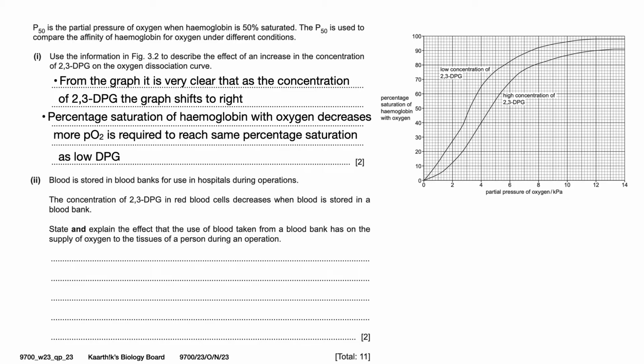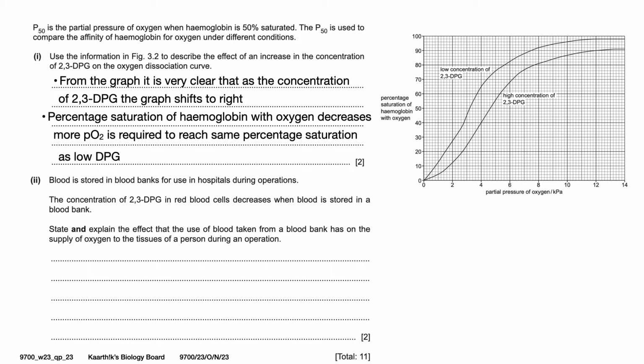Second part of this question: blood is stored in blood banks for use in hospitals during operations. The concentration of 2,3-DPG in red blood cells decreases when blood is stored in blood banks. State and explain the effect that the use of blood taken from a blood bank has on the supply of oxygen to the tissues of a person during an operation.